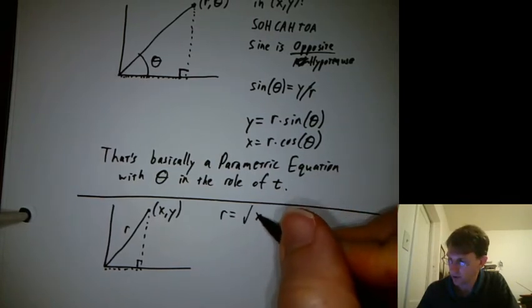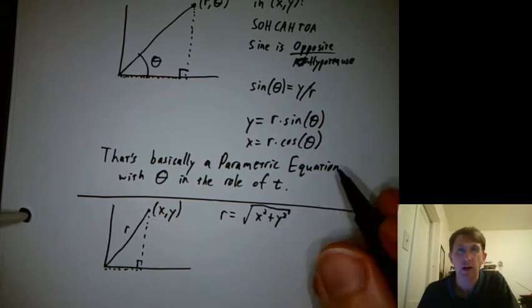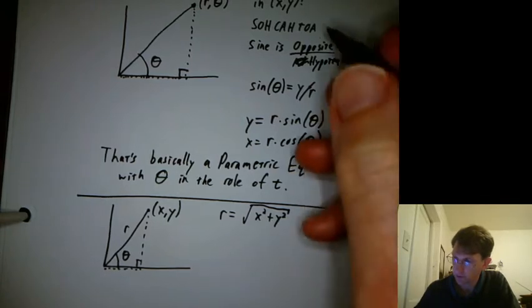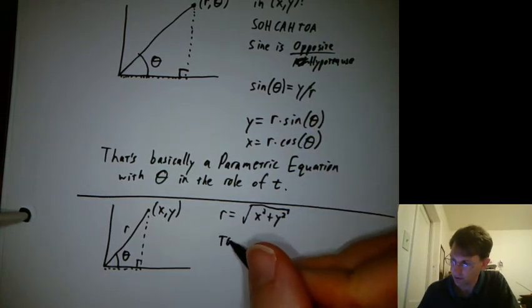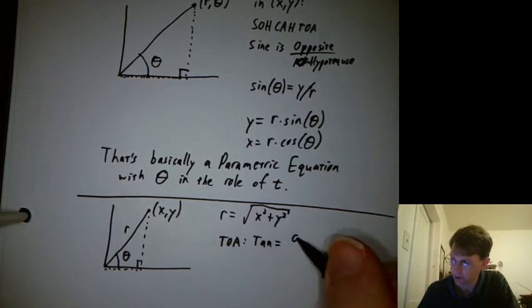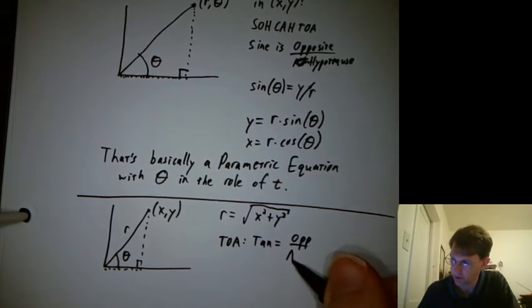It's square root of x squared plus y squared, like that. The angle is trickier. Well, let's take the TOA. That says that tangent is equal to opposite over adjacent.